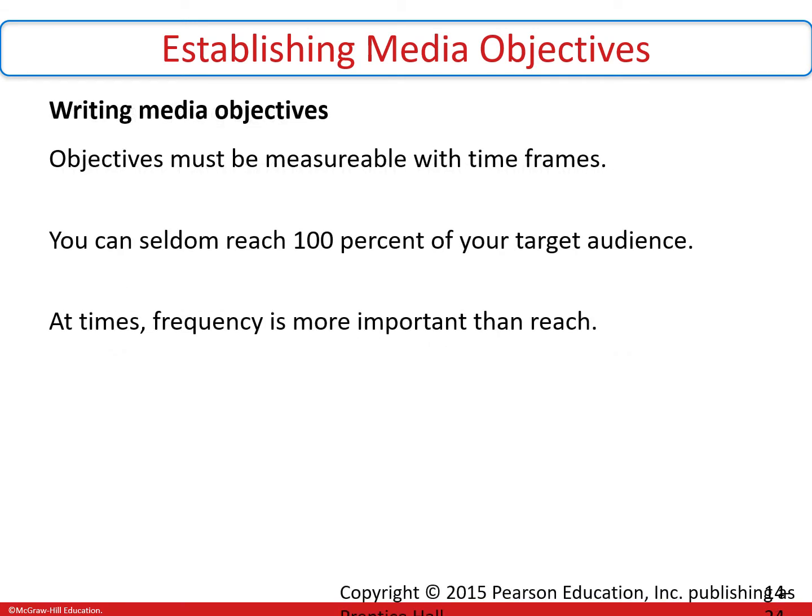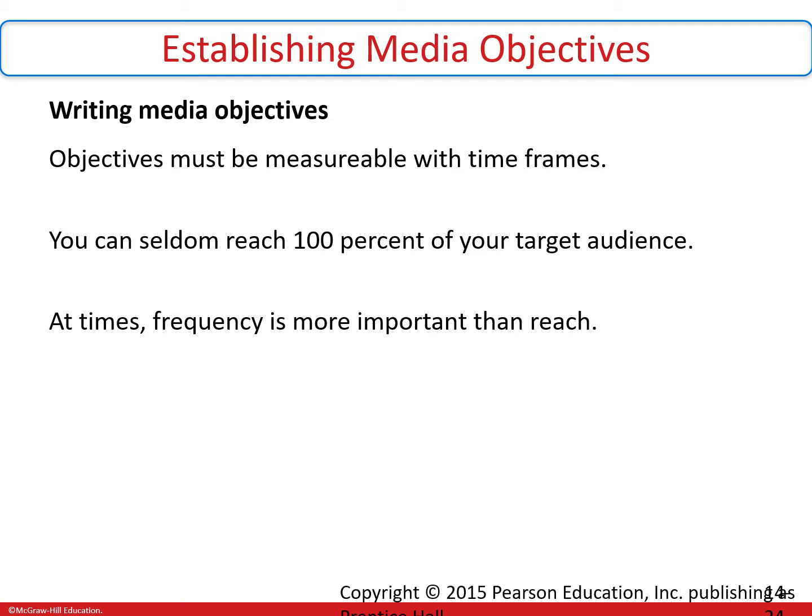When you write media objectives, you want to make sure that they are measurable with time frames. I normally advocate for SMART objectives. Again, I don't know that the medium has been created yet that will allow you to reach 100% of your target audience.